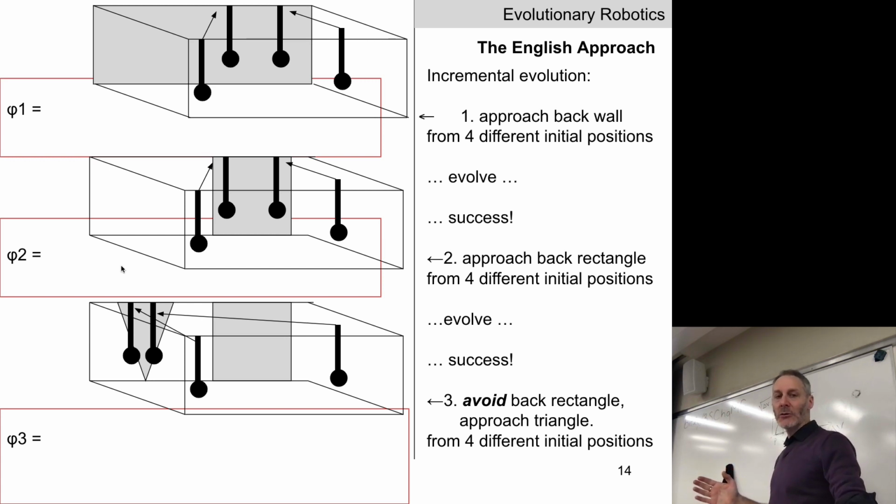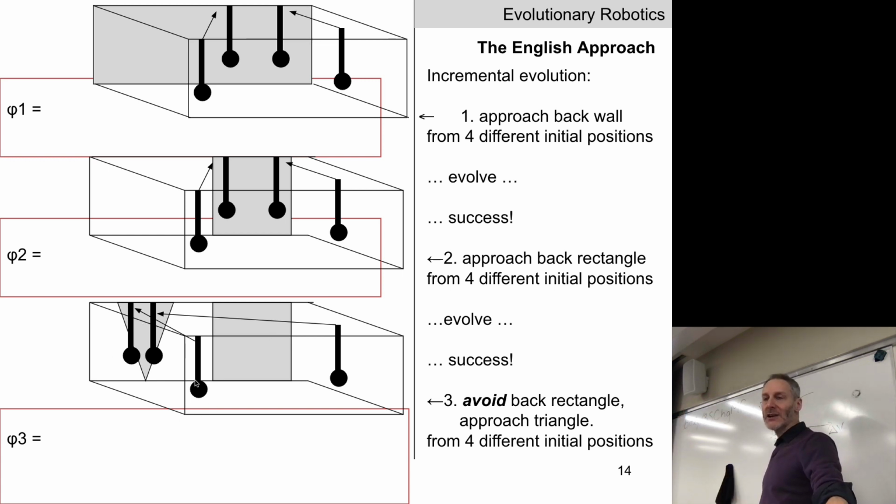Once they got that, they replaced that fitness function with another fitness function that selects for the following behavior. The gantry robot was set again to some random position underneath the table, and they would place a black square back left and a triangle back right, and the robot should drive away from the rectangle and go to the triangle.